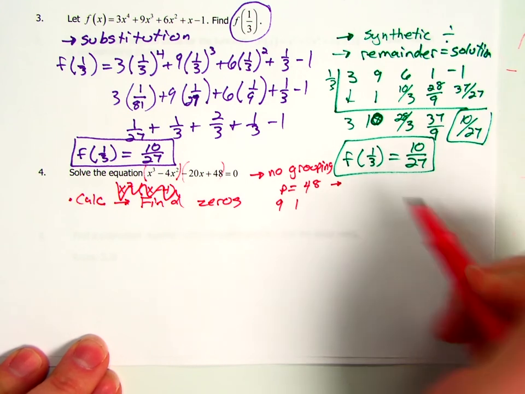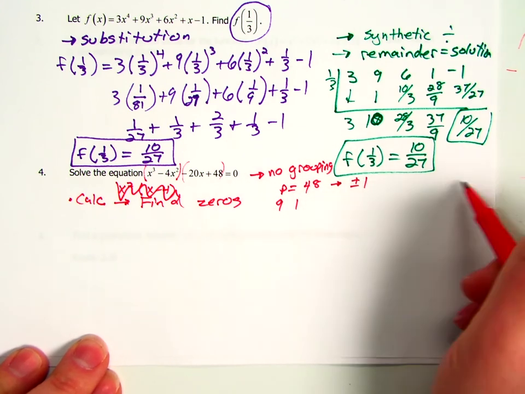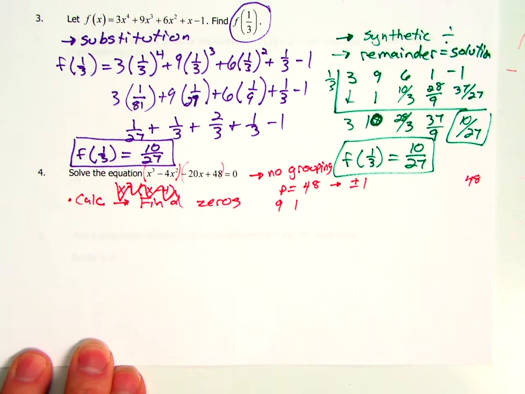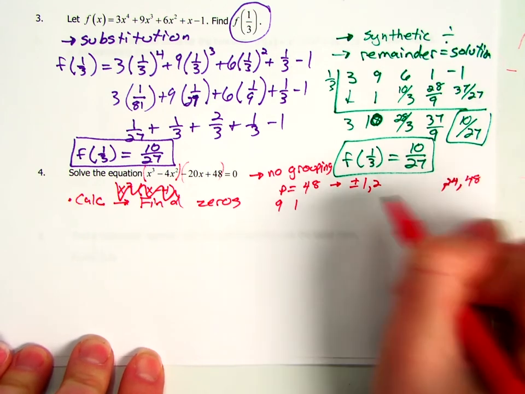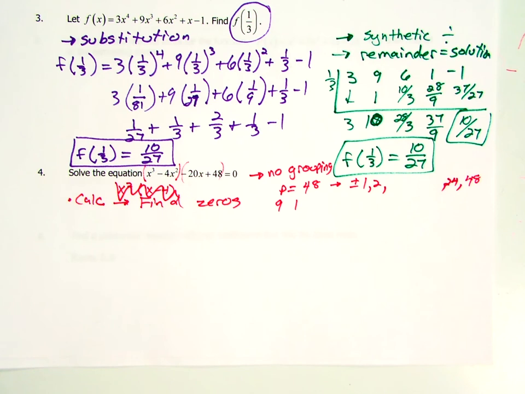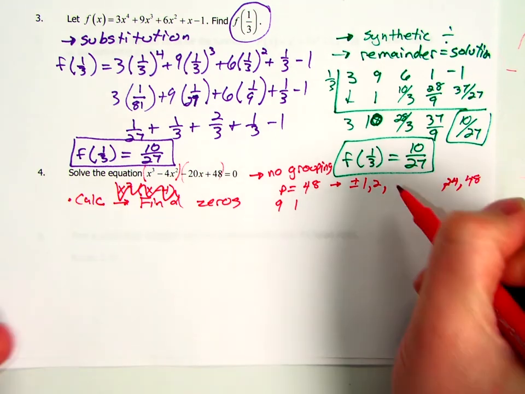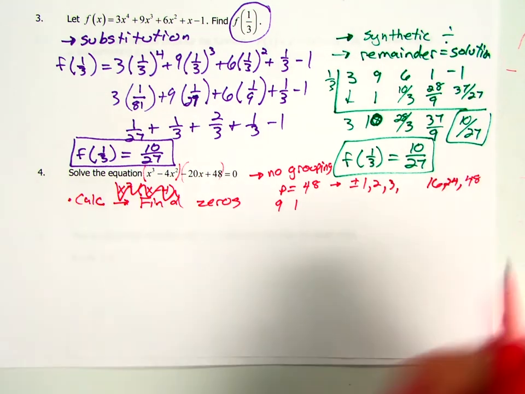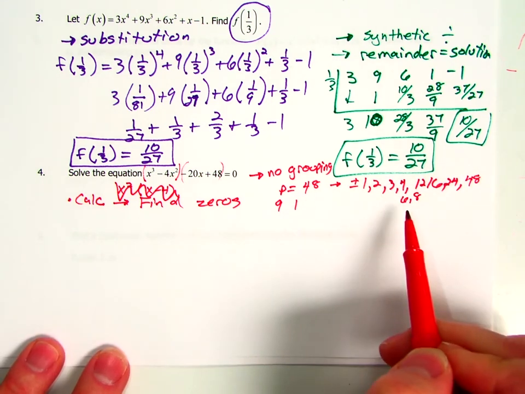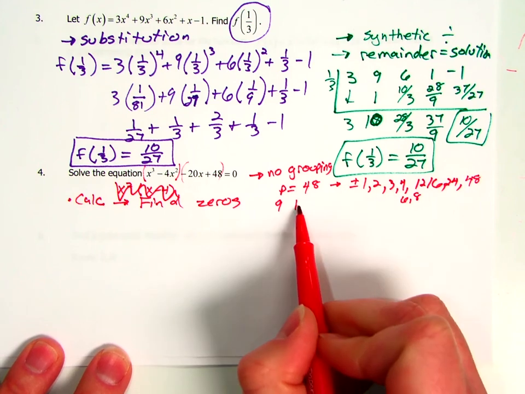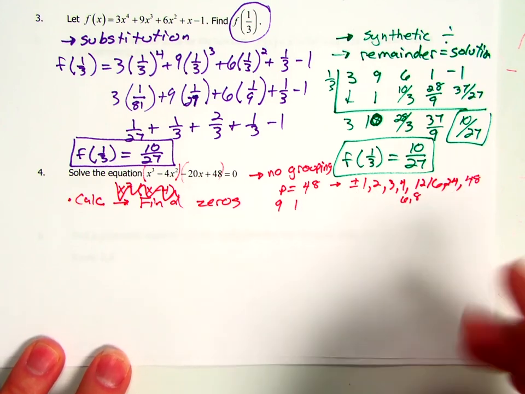So in the end, we would have positive or negative 1 and 48, and then 2 and 24, 3 and 16, 4 and 12, 5 wouldn't work, 6 works, so it would be 6 and 8, and 7 wouldn't work. So then we would divide these to find all of our possibilities. So our possibilities, because all we're doing is dividing by 1, is positive or negative any of these numbers.